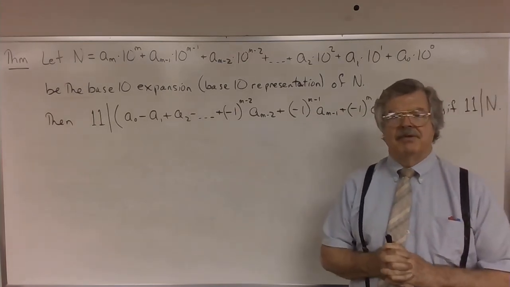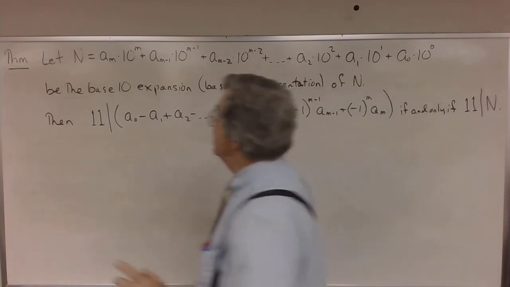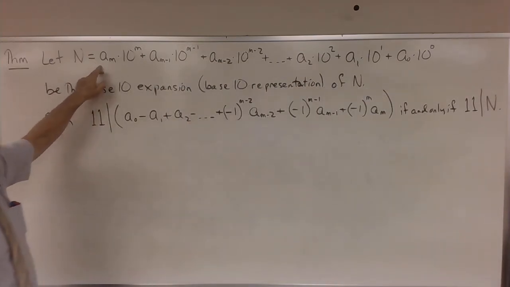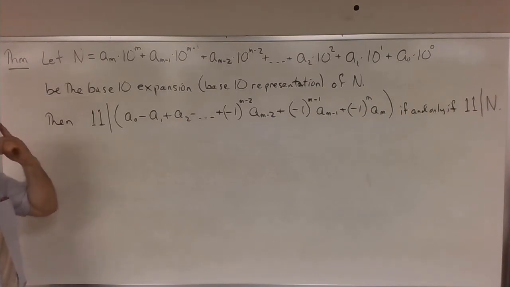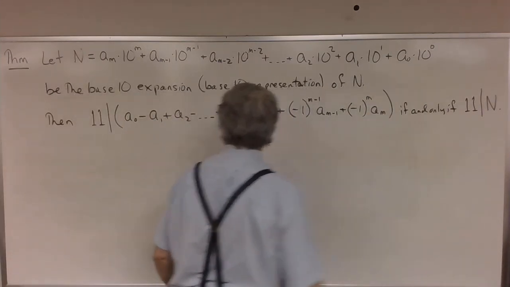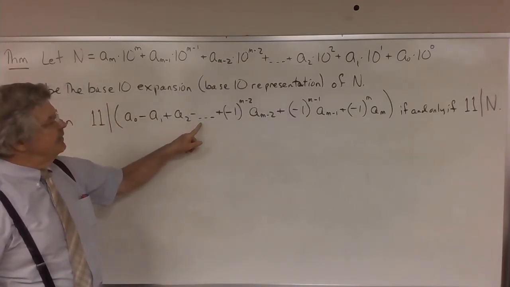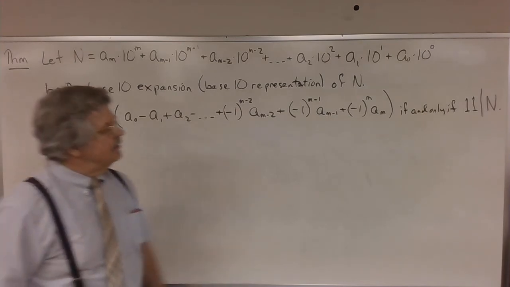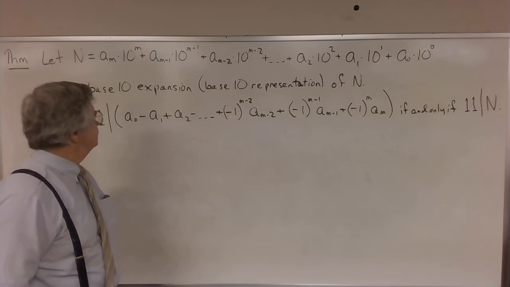One more divisibility theorem that I'm going to throw at you. Again, we have the base 10 representation of a number n, capital N. And here's what we do. Starting with the ones digit, we add and subtract alternately the digits until we get to the mth digit.